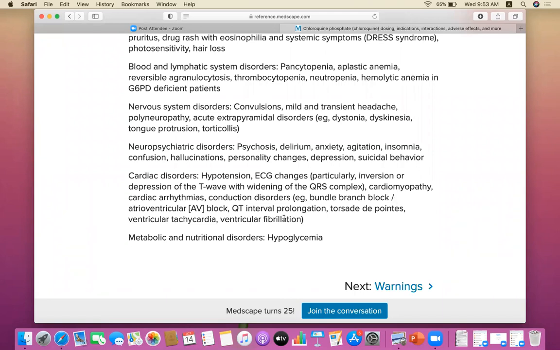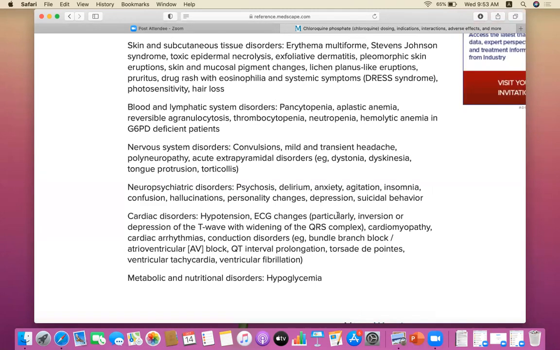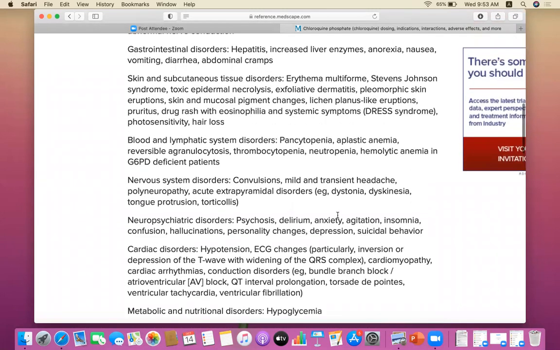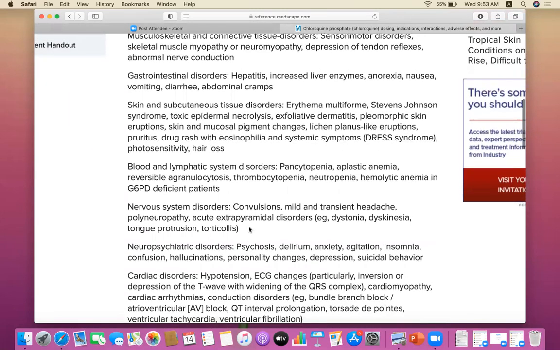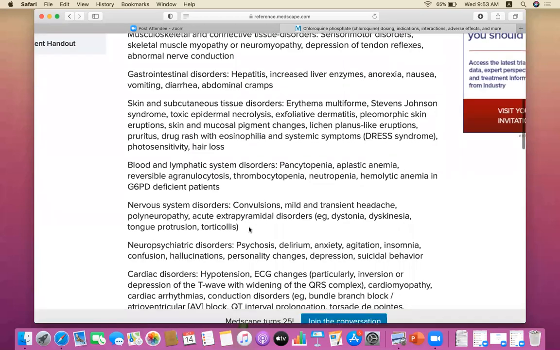Cardiomyopathy, cardiac arrhythmias, conduction disorder, AV block, QT interval prolongation, torsades de pointes, ventricular tachycardia, and ventricular fibrillation. The most important adverse effects, because most of the patients have cardiovascular problems, and it should be kept in mind.